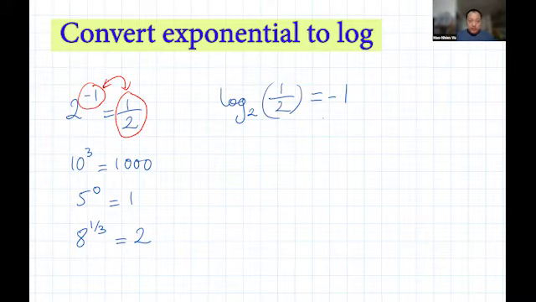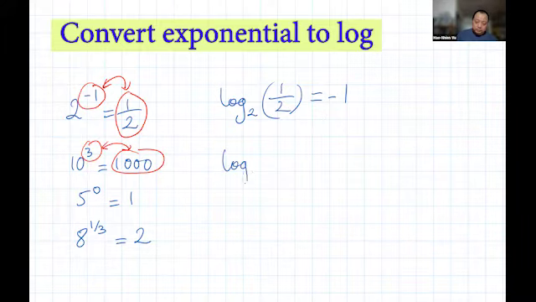Second equality, 10 to the third equals 1,000. Powers of 10 are really nice. When it's a whole number like 3, then you just know that 10 to the third has 3 zeros. Switching places of these two, log base 10 of 1,000 equals 3. Third equality, 5 to the 0 equals 1.